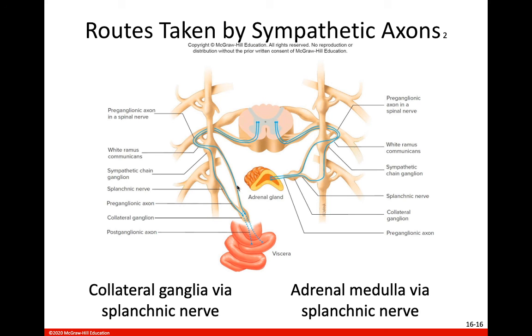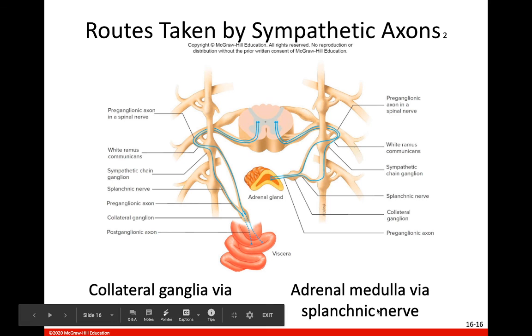It comes out, and now we call this a splanchnic nerve. So this is a splanchnic nerve. This is a splanchnic nerve. Okay, so it goes through the chain ganglia, comes out as a splanchnic nerve, synapses in the collateral ganglia with the postganglionic neuron, and then the postganglionic neurons go to innervate the visceral organs in your abdominal pelvic cavity.